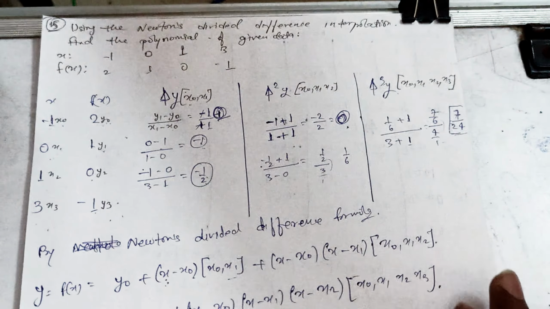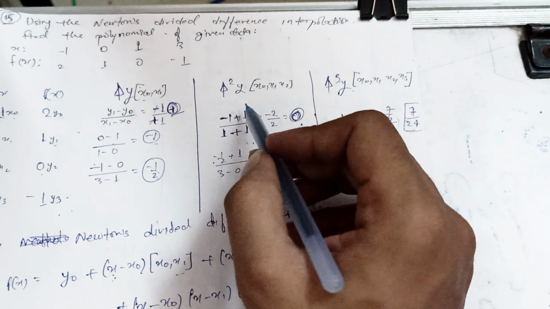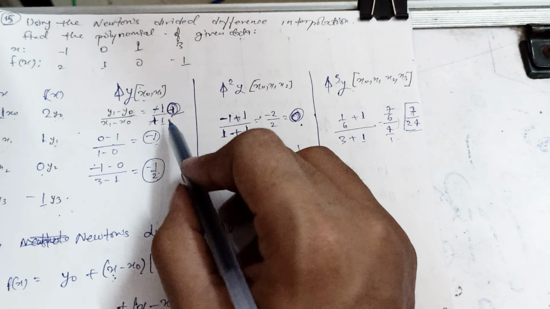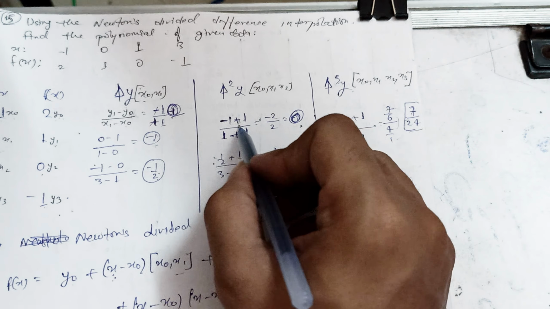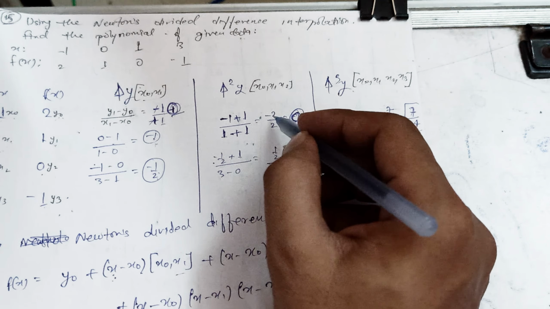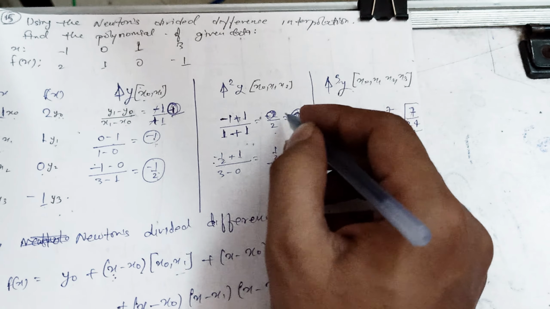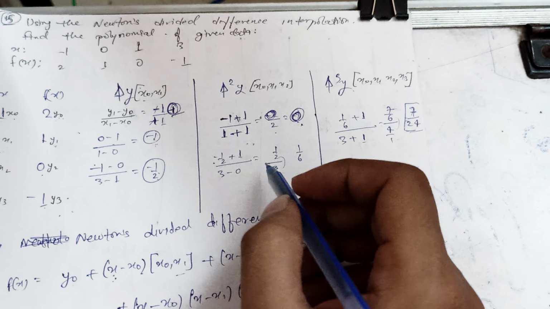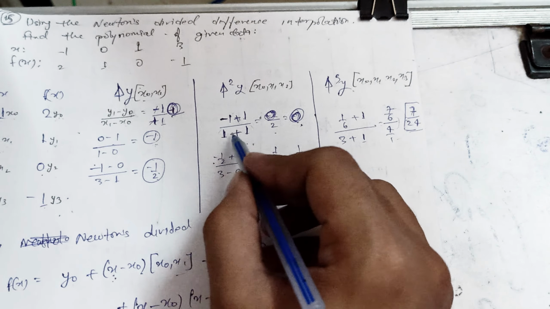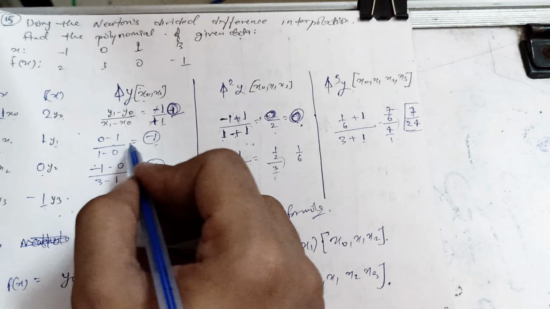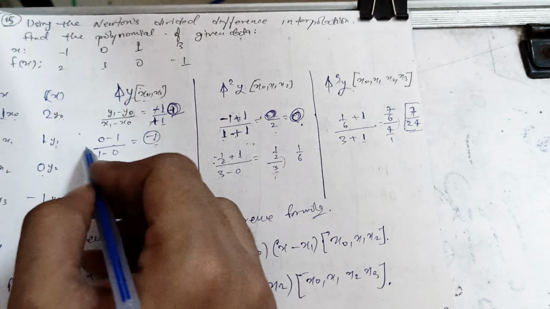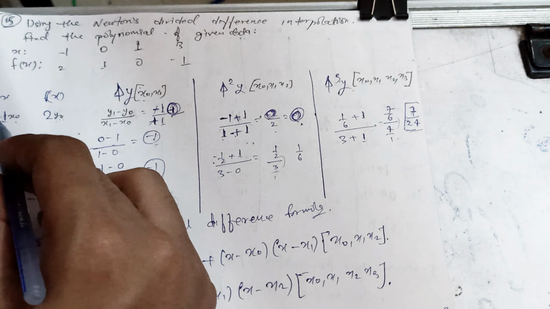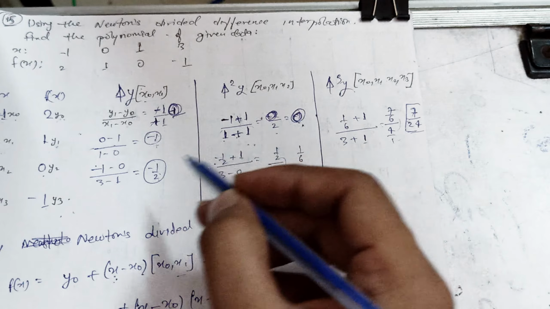For the second difference, we get minus 1 minus minus 1, that will be plus 1, which automatically gives 0. So 0 divided by 2 will be 0. For the next term, we are computing in between these, which are from 1 and minus 1, so that is 1 minus minus, that will be plus 1.